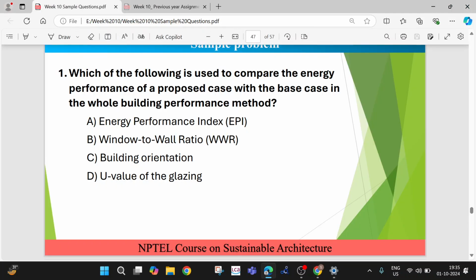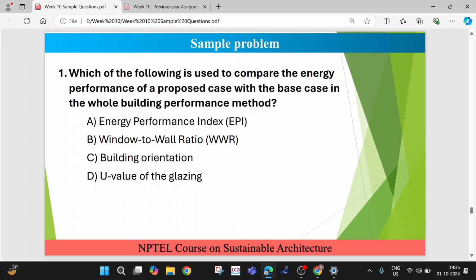All of you have marked it correctly. This EPI, Energy Performance Index, of the proposed case is compared with that of the best case, and then we try to answer which case is better. And this EPI is nothing but the normalized rate of energy consumption for each of the following cases. Can we move to the next question?